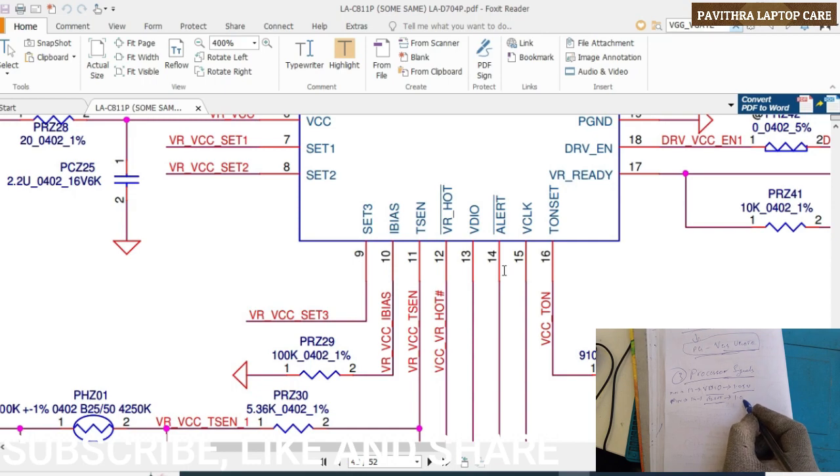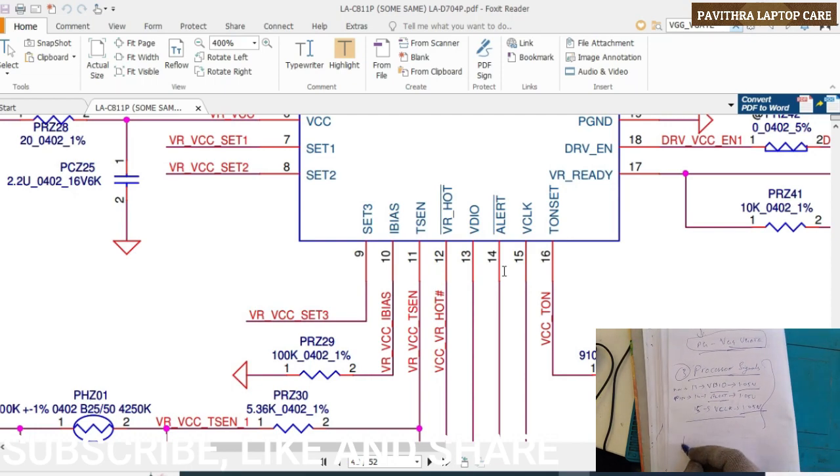This also 1.05. And pin number 15, right? Pin number 15, V clock. This also 1.05 volts from processor.